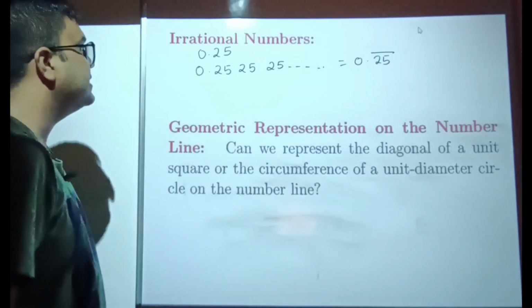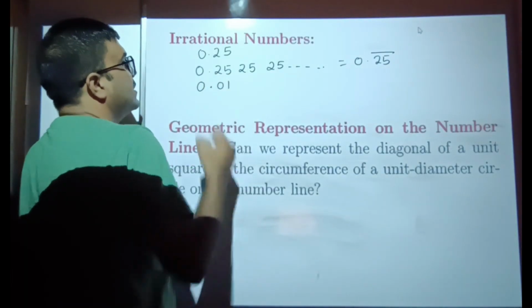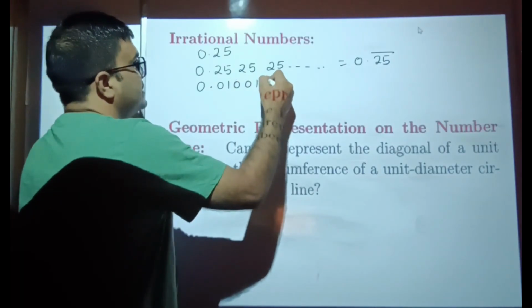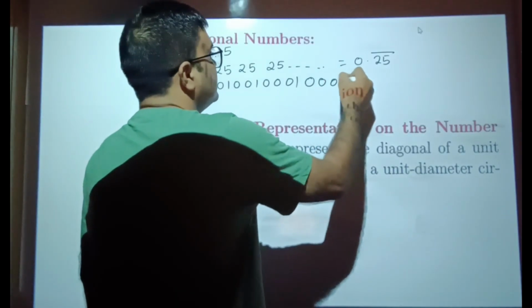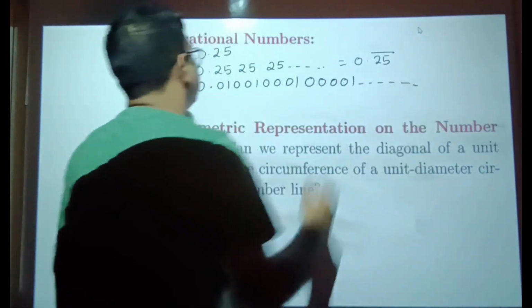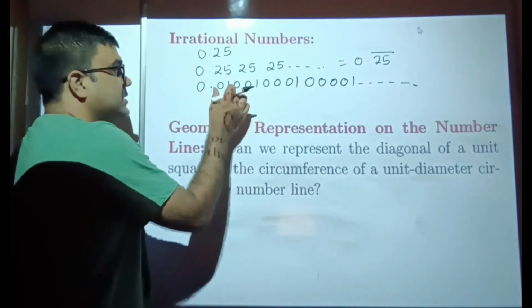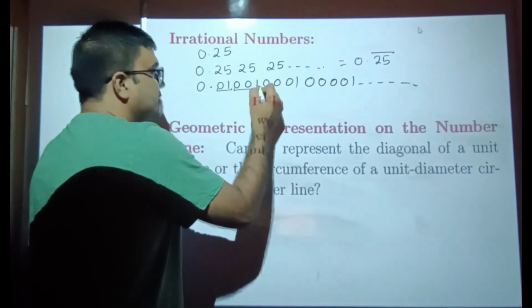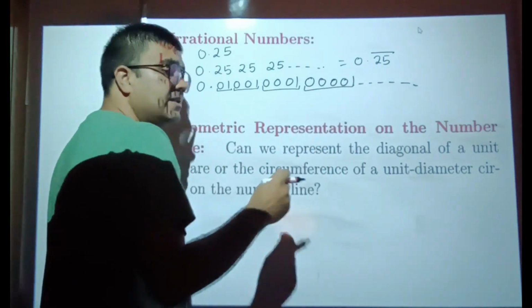Now consider another case. If I am talking about 0.01001000100001 and so on, what is happening over here? There is no fixed block that is repeating. Over here, this 01 is there, then 0001 is there, then 00001 is there, so there is no repeated block.